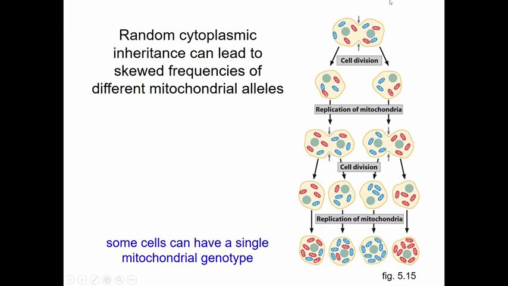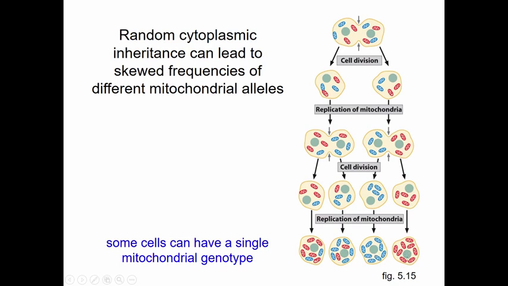Well, actually, here, this one got all the red ones and that one got all the blue ones, and now this lineage stays blue, and this lineage stays red. Here the cell's dividing, and down here the mitochondria are replicating. But here they're all blue because the red is a mutation and it hasn't had another mutation yet.